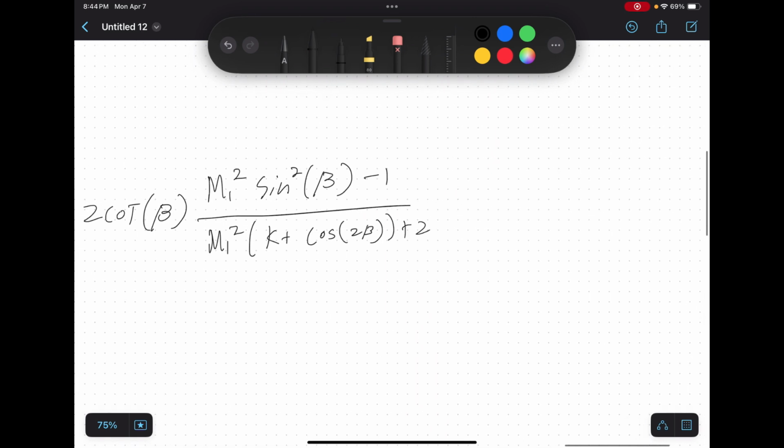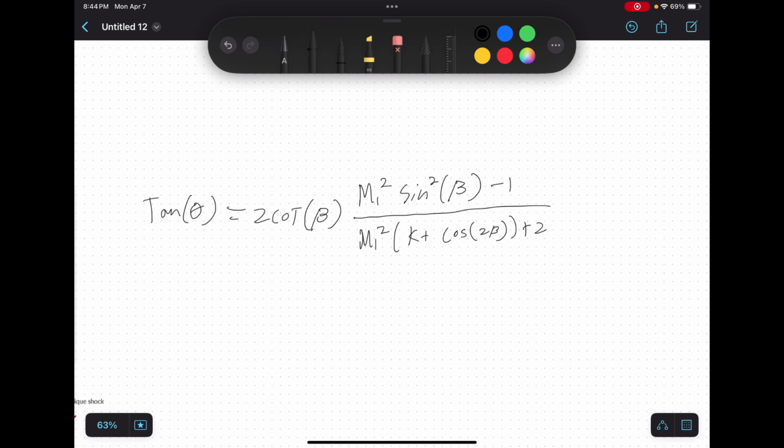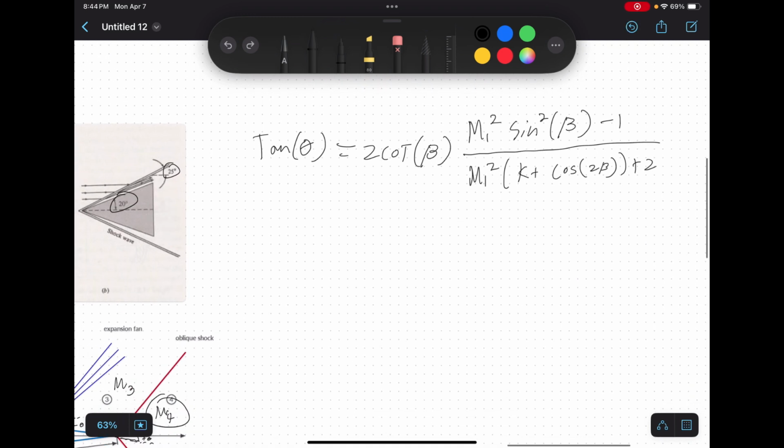That really sucks. Unfortunately, it's even worse. You're trying to solve for beta. It's not beta equals something. It's something equals beta. And it freaking sucks. It's a terrible equation.